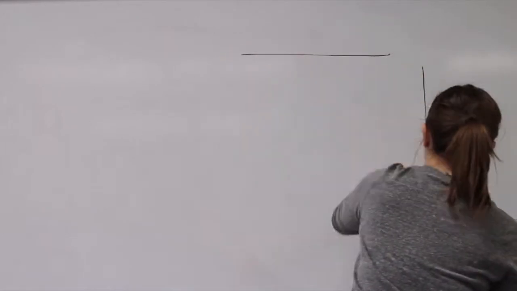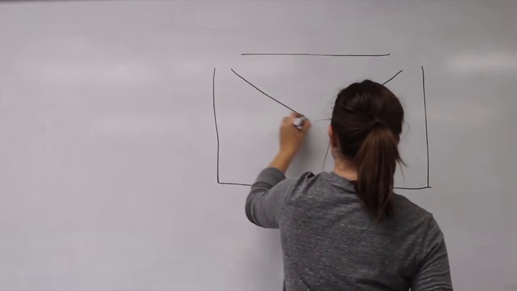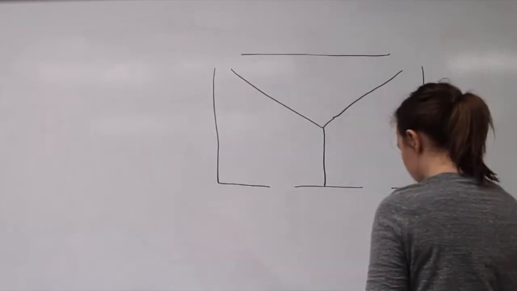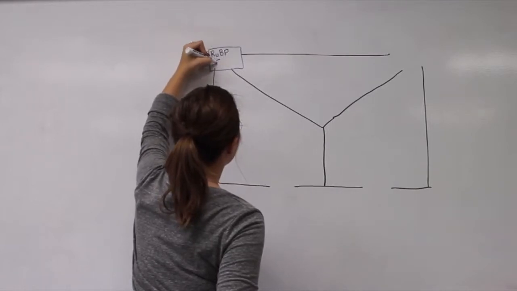The second phase of photosynthesis is called the Calvin cycle. So at the beginning of the Calvin cycle, you have a 5-carbon chain of RuBP.